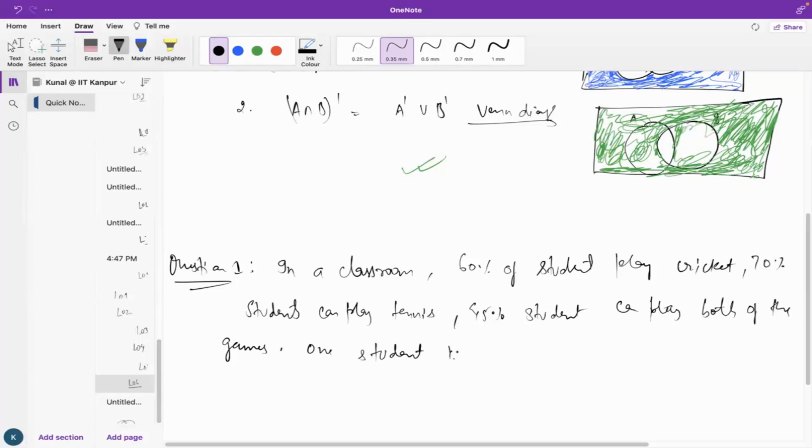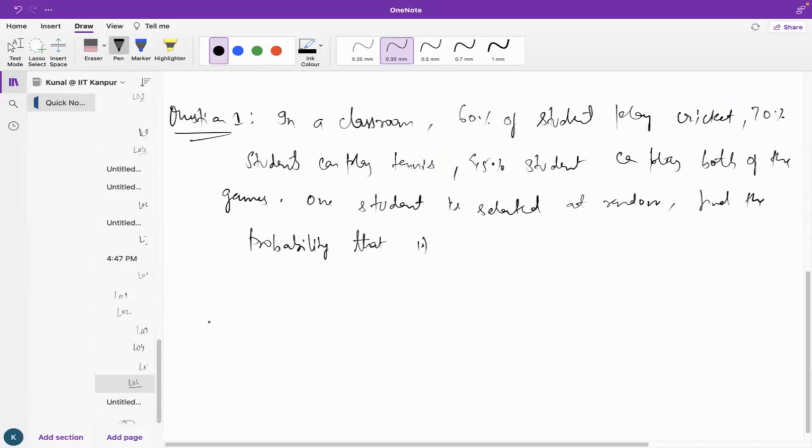One student is selected at random. Find the probability that: first, he can play a game.